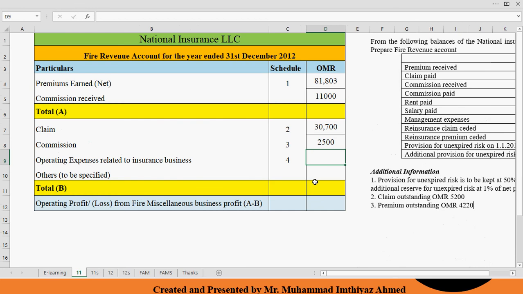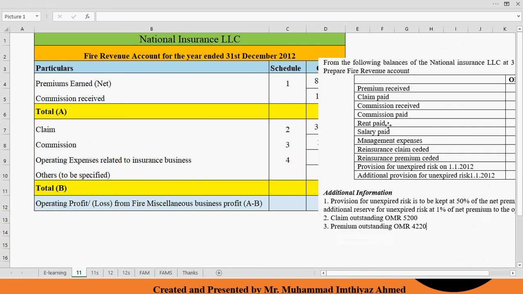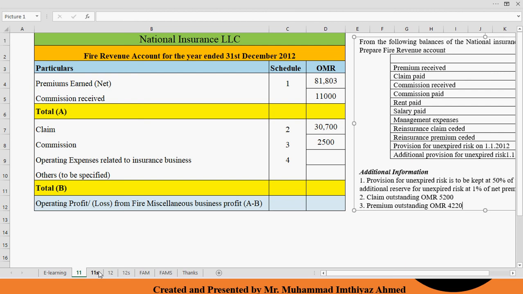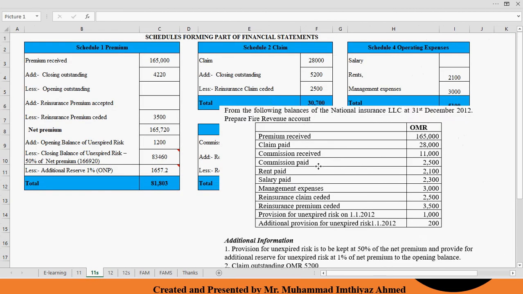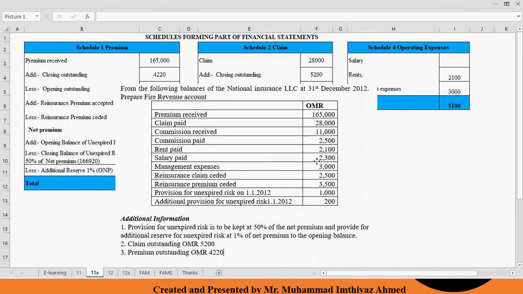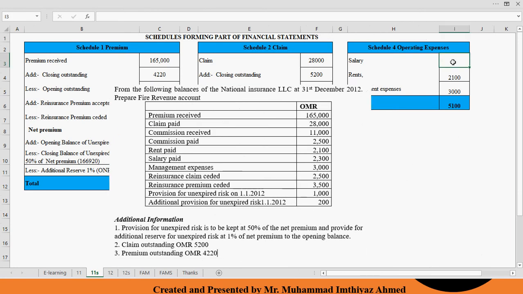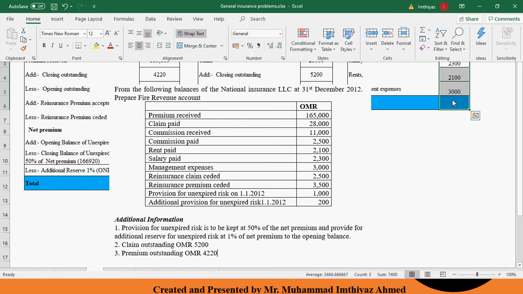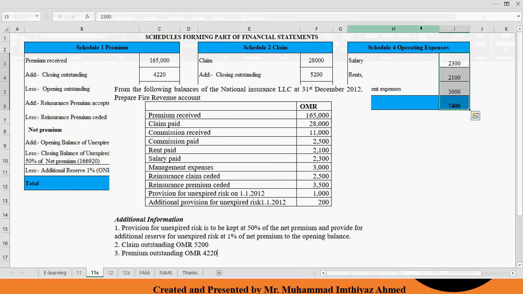And our operating expenses total, let me check once again, operating expenses. I think I missed salary paid. So salary paid also has to be added, as you can see, 2,300. So taking all this, the total will come to 7,400.